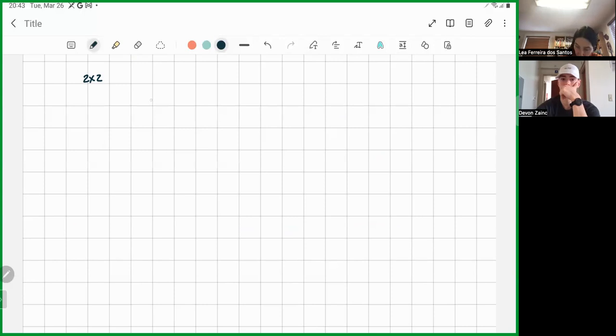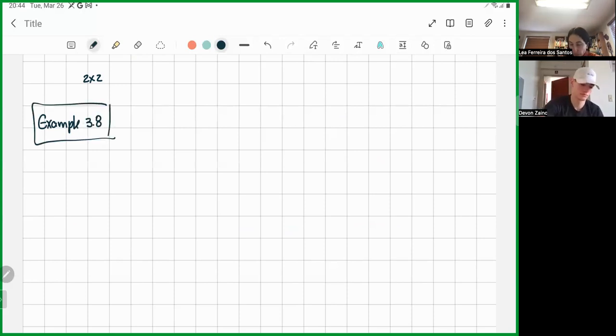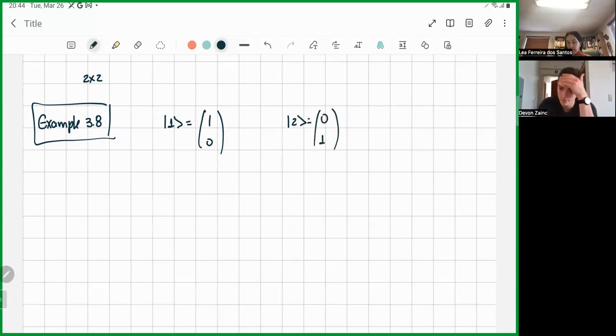I'll give them names. Let me tell you, this is example 3.8 in the book, and this is very important. So I'm going to write 2 vectors like this in this 2-dimensional Hilbert space. Well, this is a good choice.